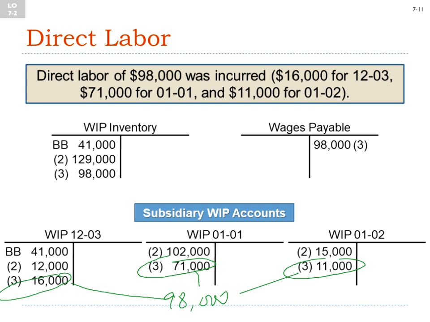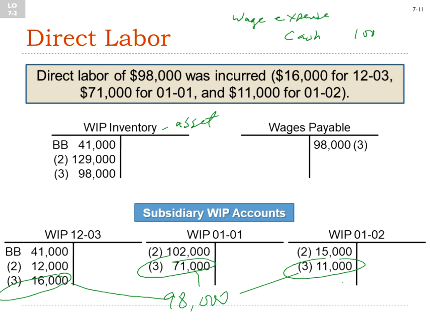One thing to observe here is that work in process inventory, remember this is an asset account, right? And generally when we're talking about wages, in your prior classes you probably talked about when you're paying someone, you're going to credit cash for, let's say, $100, and then the debit is going to be something like wage expense, right?